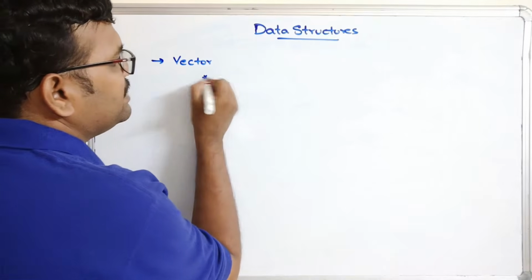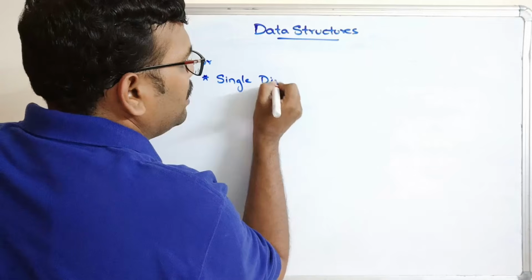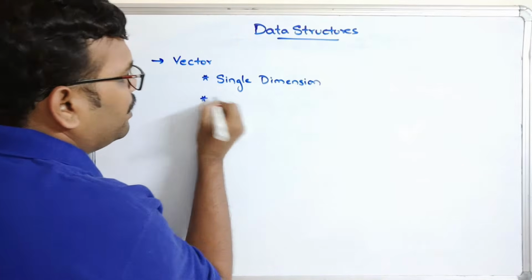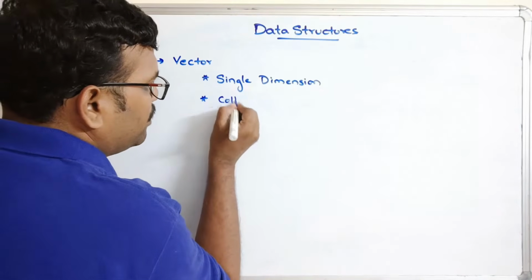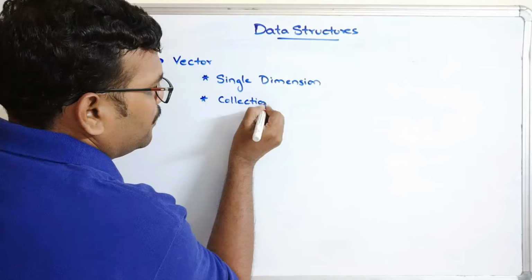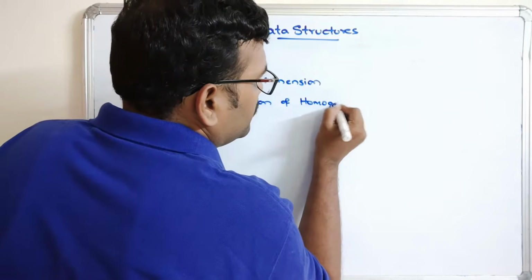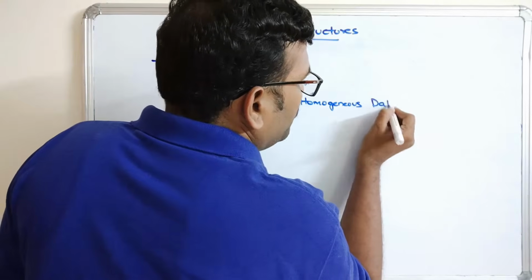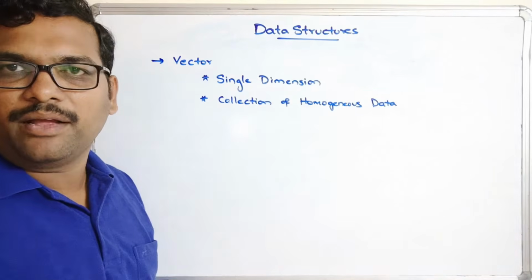This is a single dimension, and this is a collection of homogeneous data. That means it will have elements of the same data type.